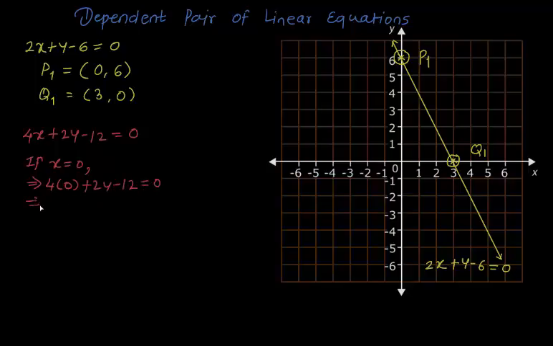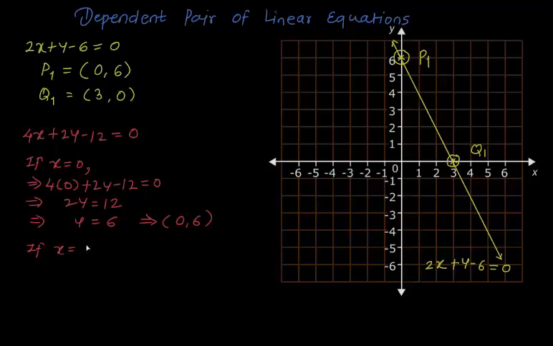That means 2y minus 12 is equal to 0. So adding 12 to both sides we get 2y is equal to 12. So y will have value 6. Now this gives first solution to the equation 4x plus 2y minus 12 where x has value 0 and y has value 6.